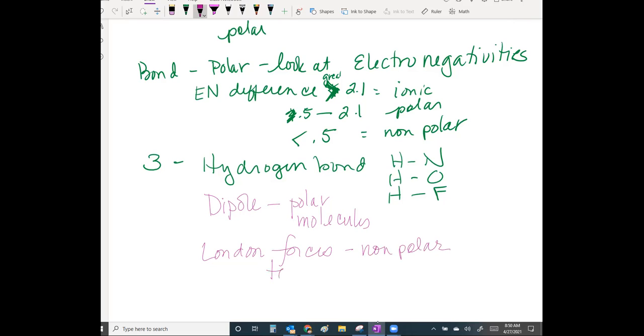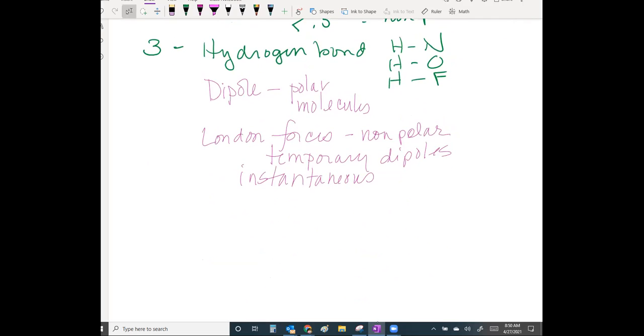And they're temporary dipoles or instantaneous. Okay, now, intermolecular forces cause liquids and solids to form.